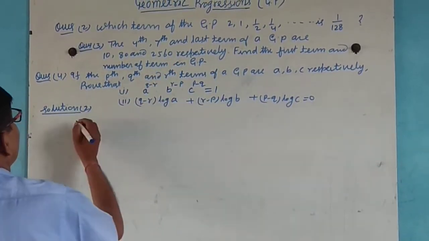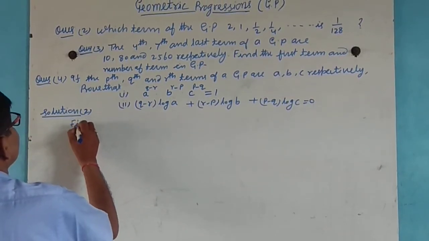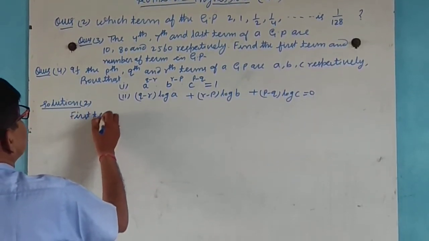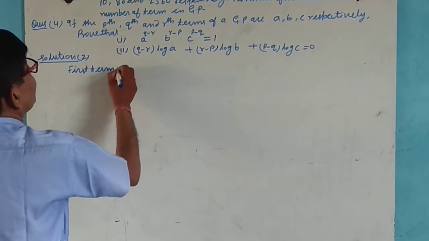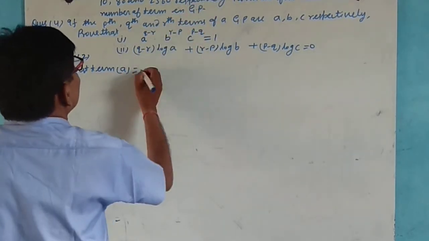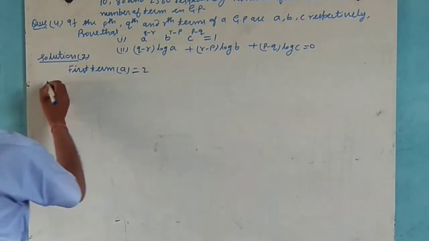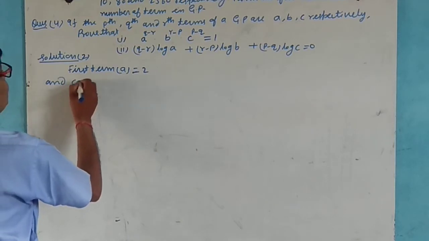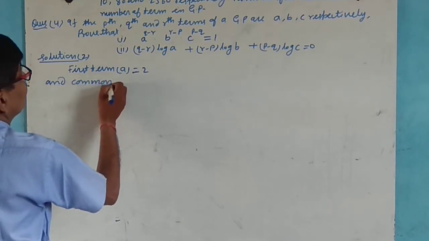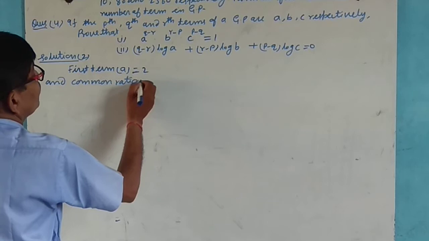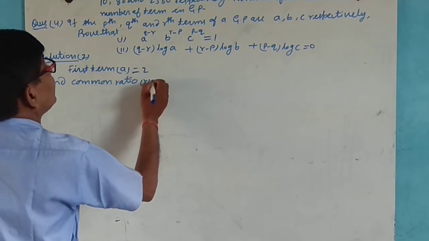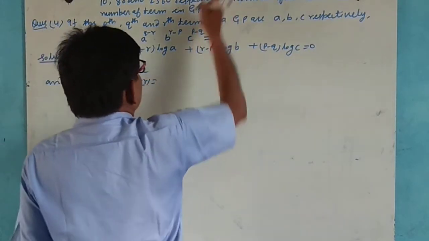Here the first term A equals 2 and the common ratio R equals 1 by 2.